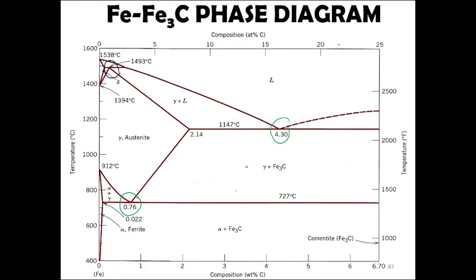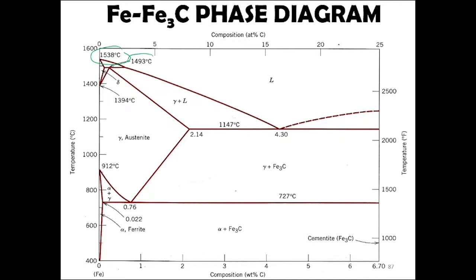Please watch my video on invariant equilibrium so you will understand more about peritectic, eutectoid, and eutectic. Another important thing to know is the temperature and composition of any changes that occur.